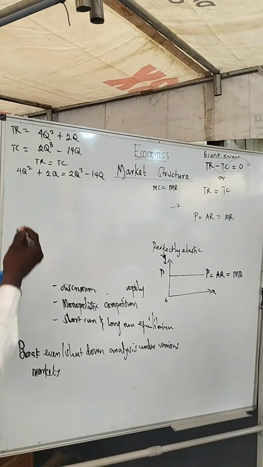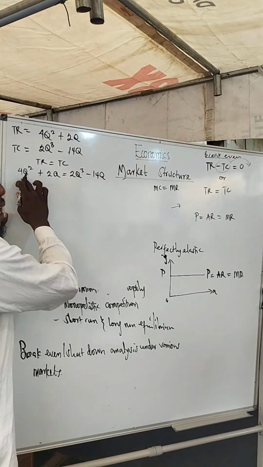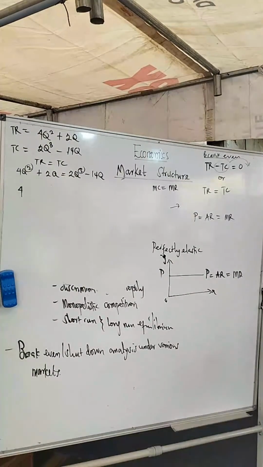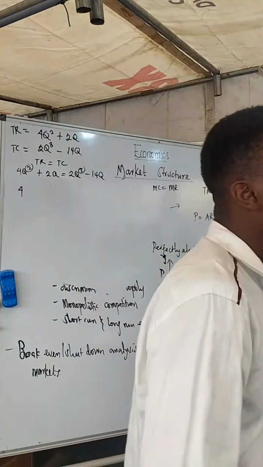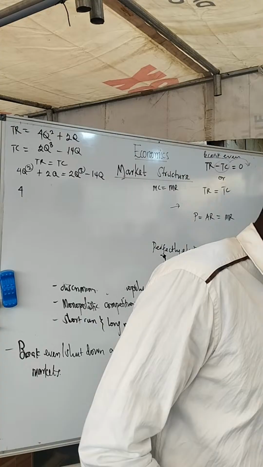I want you to concentrate. This and this cannot be together, because this is square and this is cube. So in a way, this question is wrong. Though we can still say maybe we want to factorize, no, we're not going there.